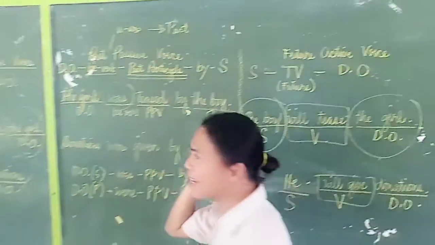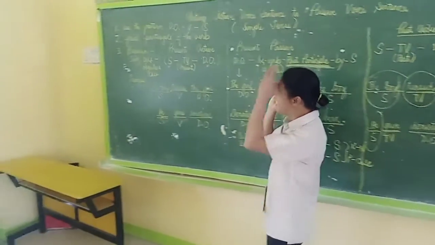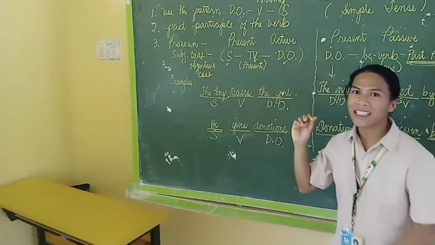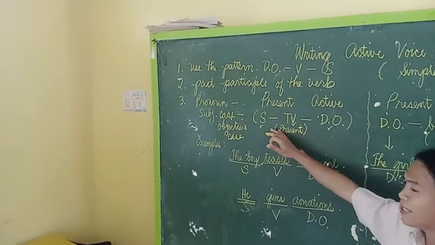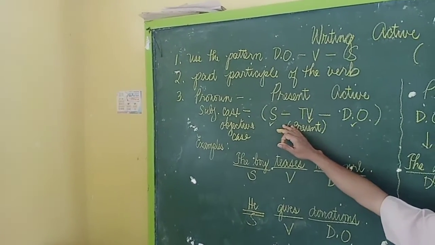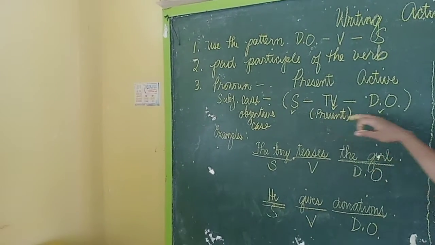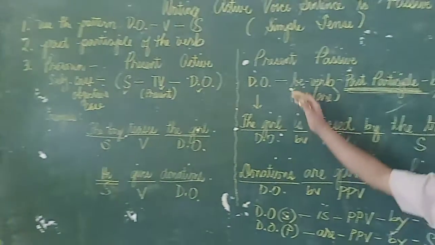Okay, let us review. Again, in writing active voice sentence to present simple tense, this is the expected sentence pattern. All you have to do is use these following patterns.